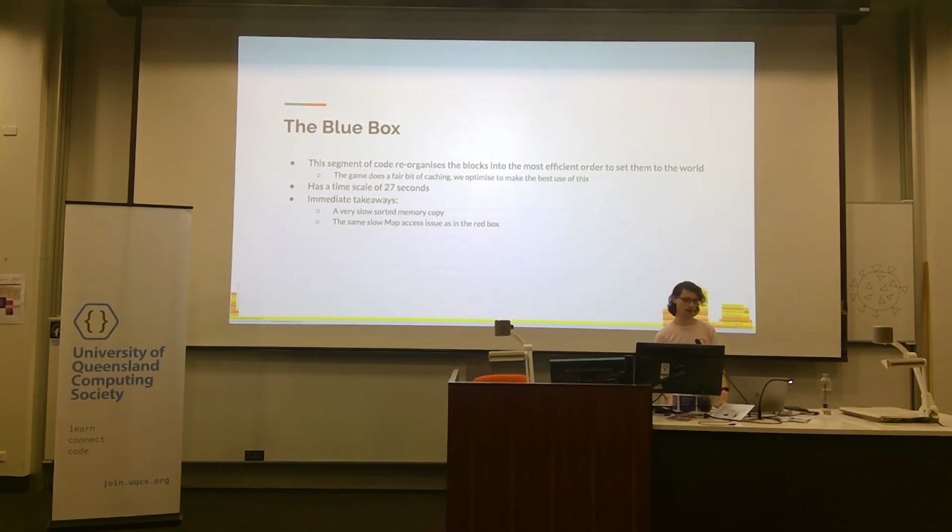So the immediate takeaway was it's a very slow function call. It's doing a copy and sort of a massive map of memory. It's slow. That's bad. Also, there are some leftover slow map accesses from the last box as well here, which also slow things down a little bit.